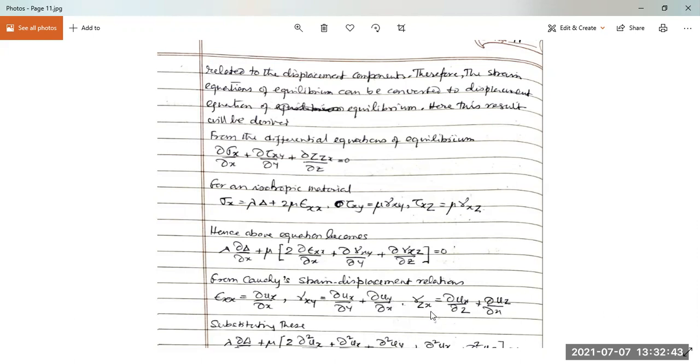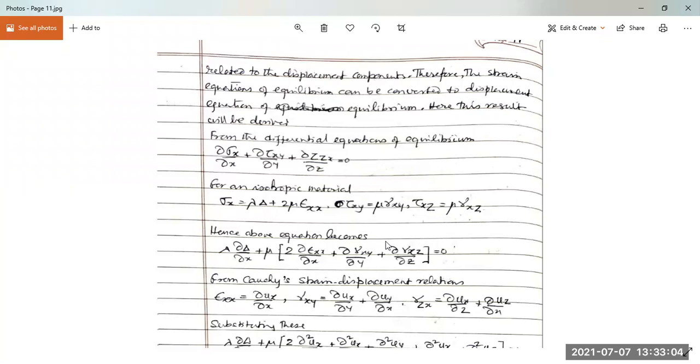Similarly, γ_zx is ∂u_x/∂z plus ∂u_z/∂x, where again u_z is the displacement along the z axis itself.